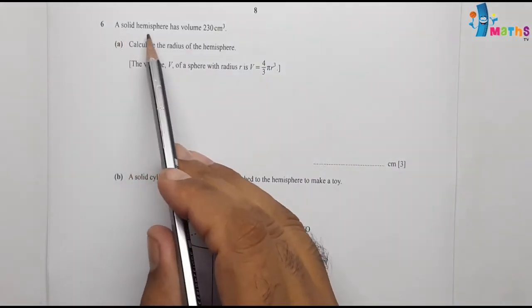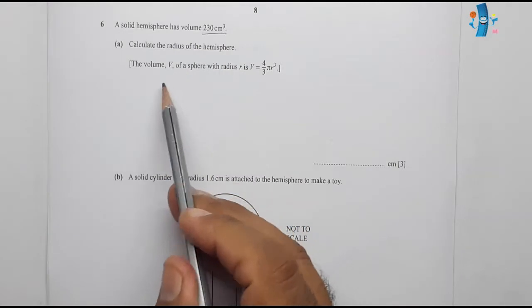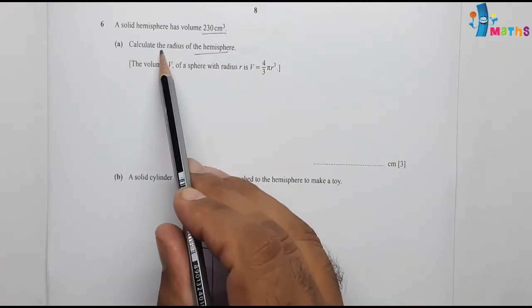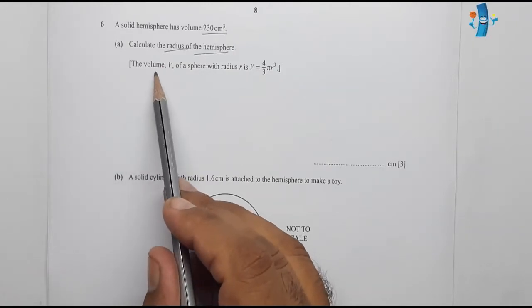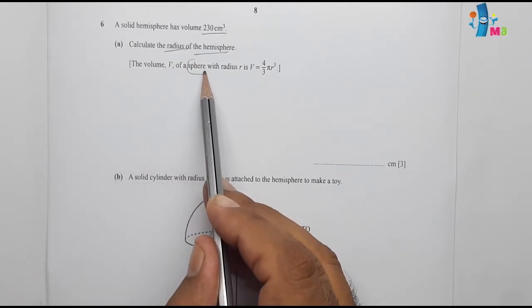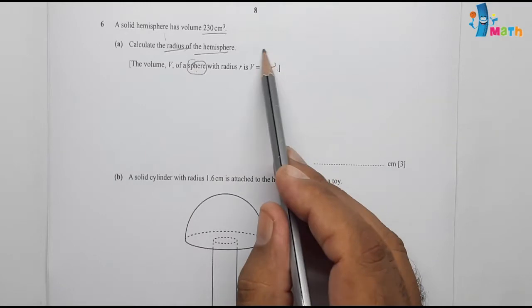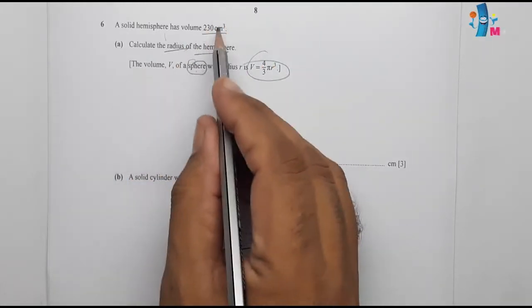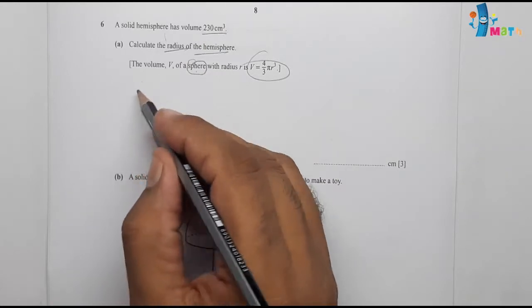Question number 6. A solid hemisphere has volume 230 centimeter cube. Calculate the radius of hemisphere. We have to calculate the radius. So the volume formula is for sphere, not hemisphere, so we will multiply this by 2 to get the volume of a sphere.